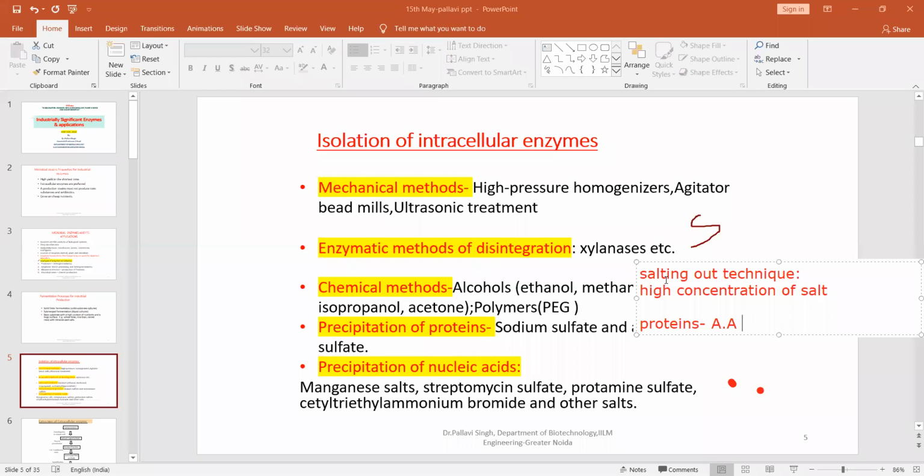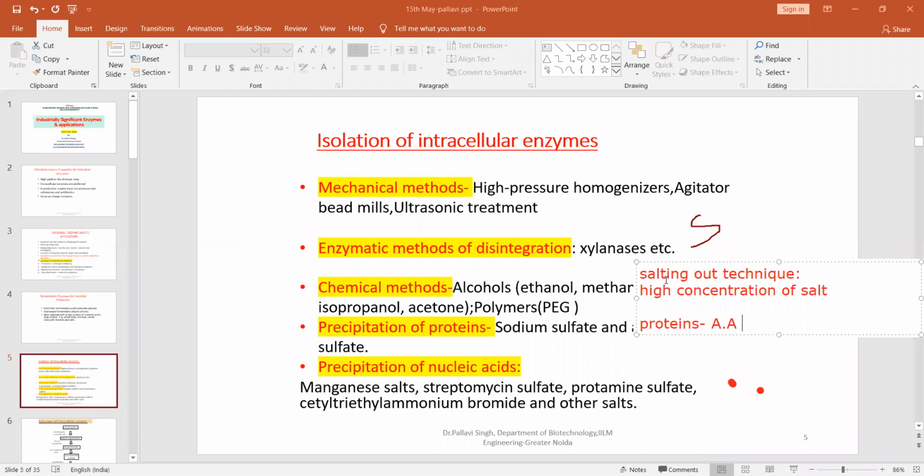Due to the reduction of water molecules, most of the proteins have hydrophobic patches exposed, since the water is occupied with the salt, it has formed bonds with the salt. So these protein molecules now form bonds with each other, they do hydrophobic interactions, and as a result they form a precipitate, and now they come out of the solvent. So the salting out technique is a very good technique to precipitate all the proteins.